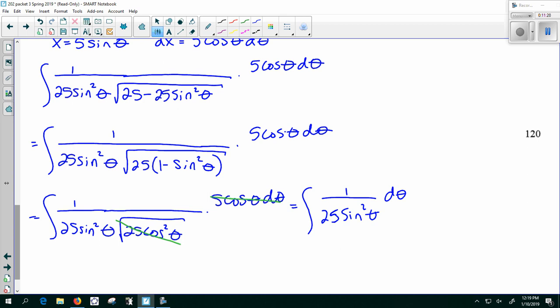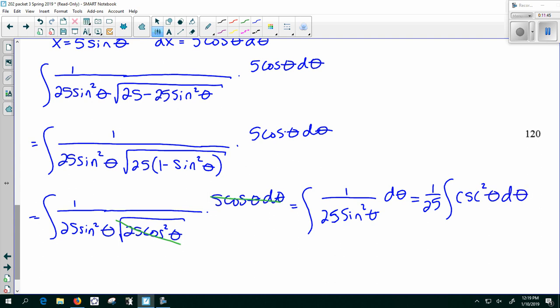Sorry, that d theta stayed. I didn't mean to cross it out. And 1 over sine squared, that's the same thing as cosecant squared. So I'm going to pull the 1 over 25 out of my integral. And 1 over sine squared is cosecant squared theta.